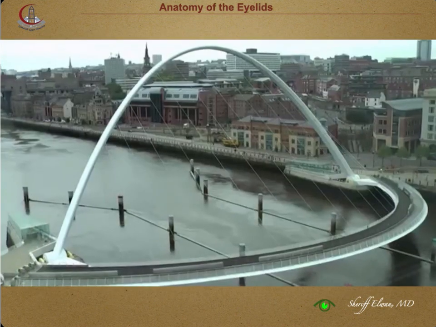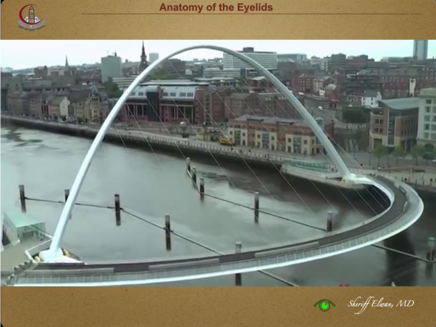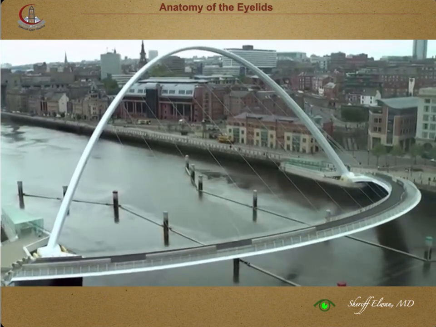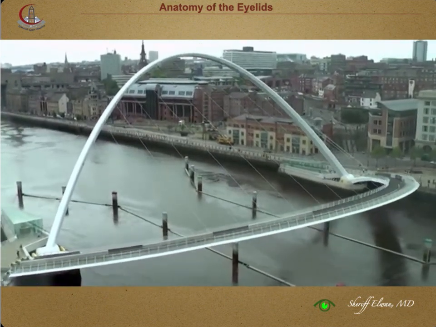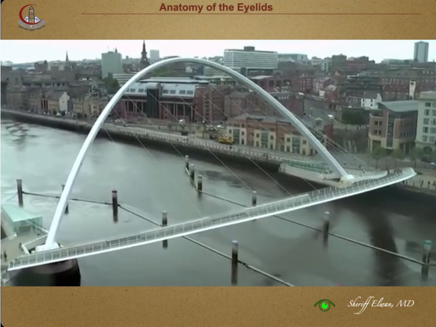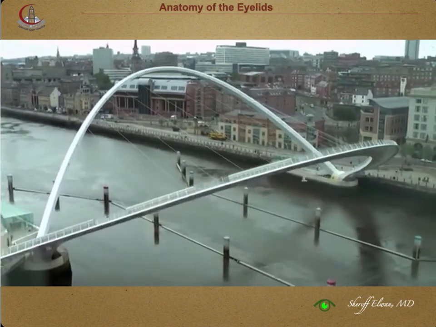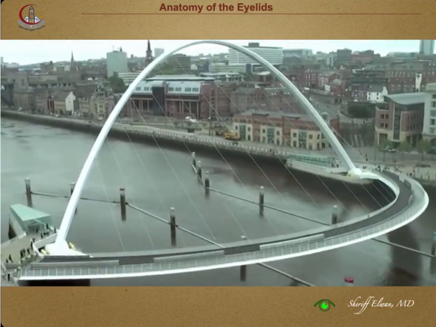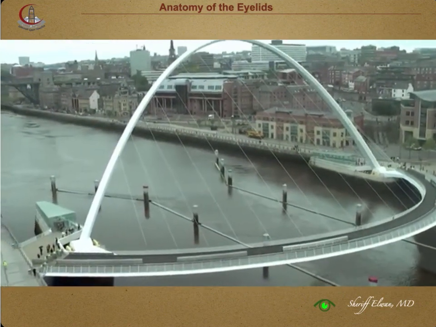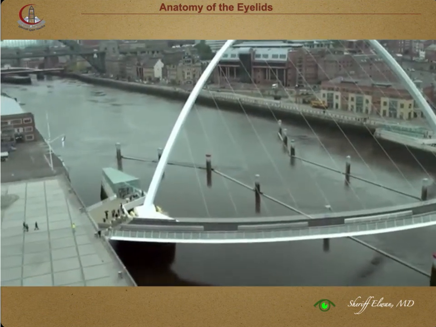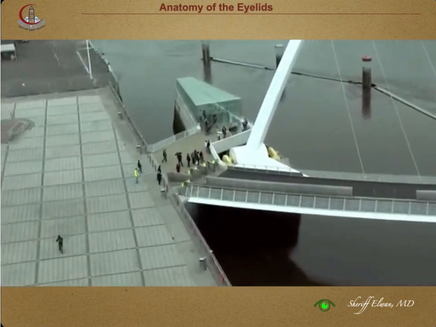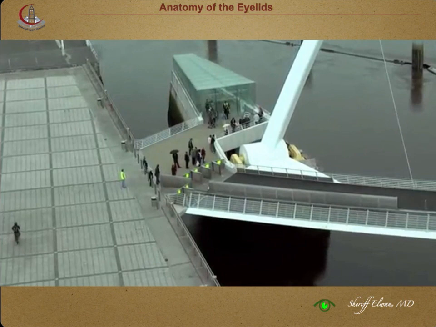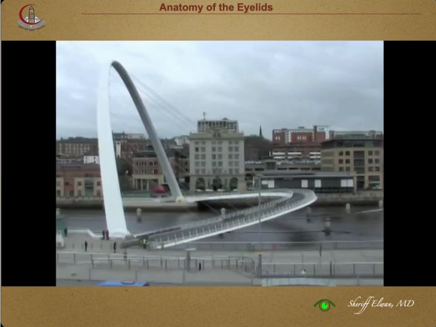Let's see how it moves to open the seaway for ships. As you can see, just like an eyelid closing and opening with the anchoring at the lateral sides. And here are pedestrians passing through the base of the tarsus.